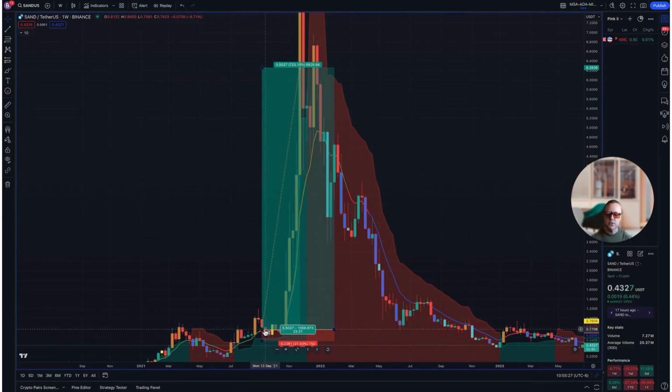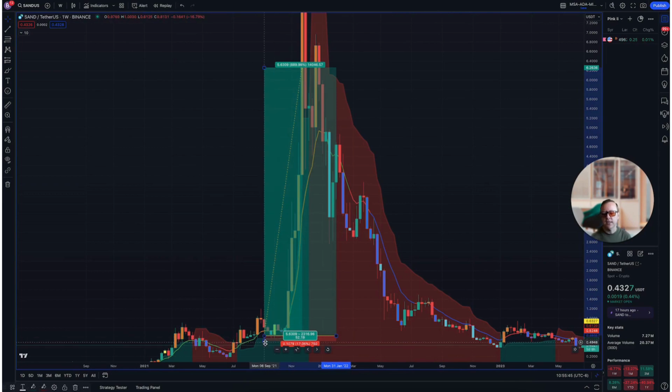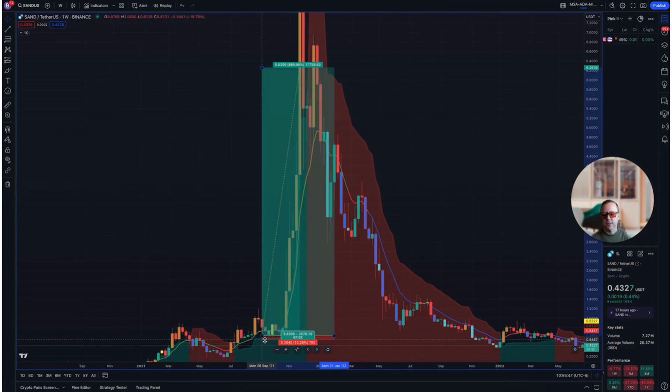But if I do, I'm going to enter it here at the first sign of it touching my movement monitor. Or a person who's more conservative, who wants a better entry, and who is willing to settle with not having an entry. That's a very important thing.